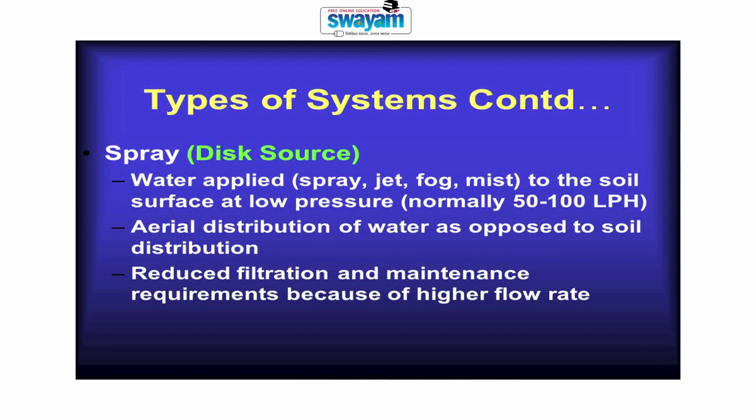Reduced filtration and maintenance is required in this type of system, and it has a higher flow rate. It is typically required in surface covered cultivation where you need a microclimate for better crop conditions, and it is commonly used for high value or commercial crops.